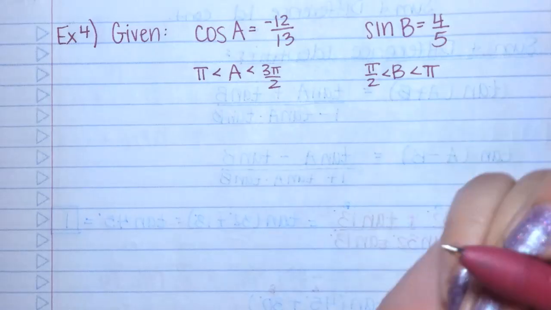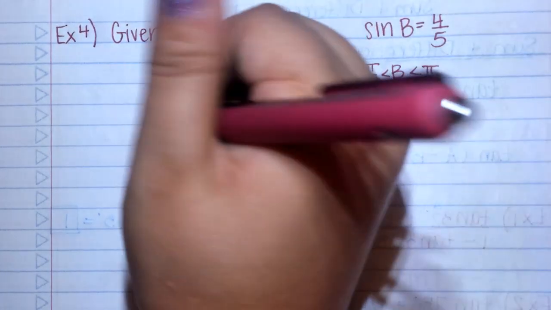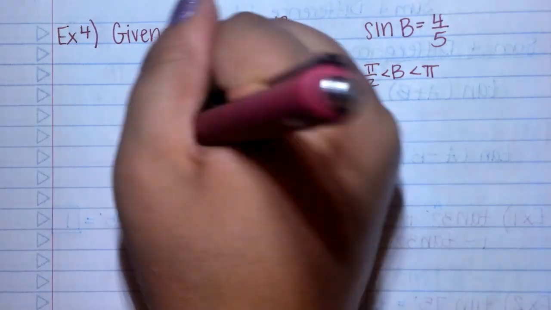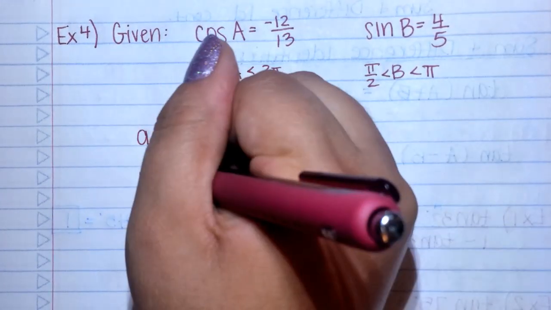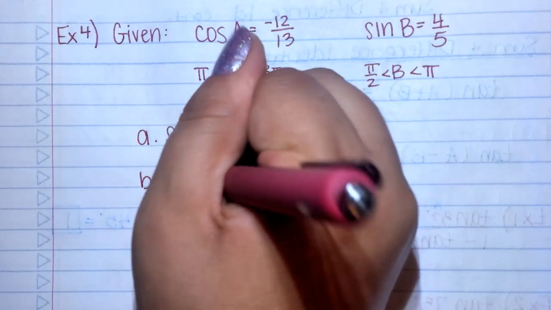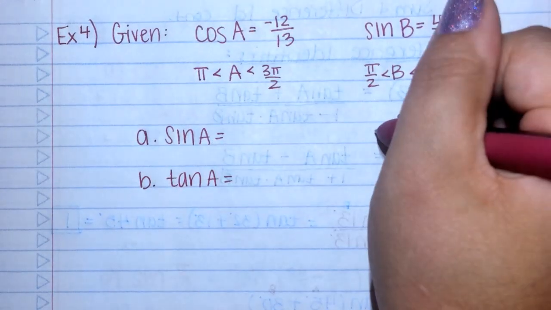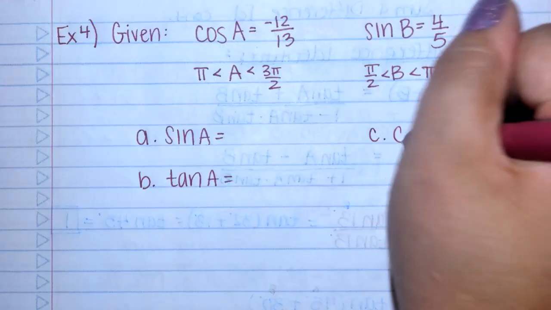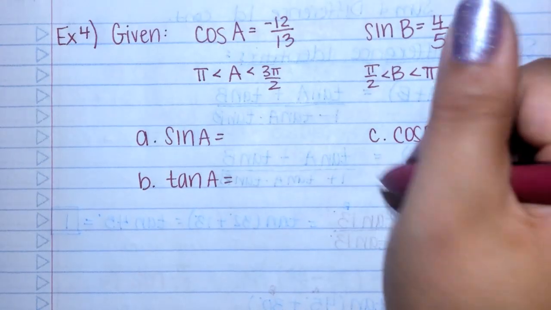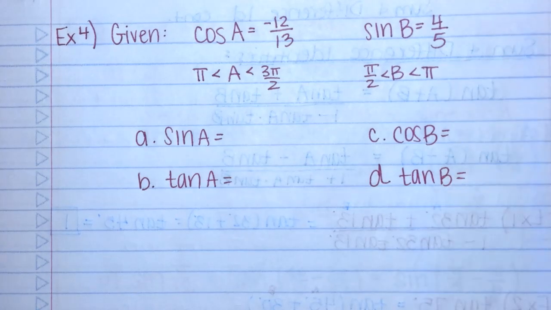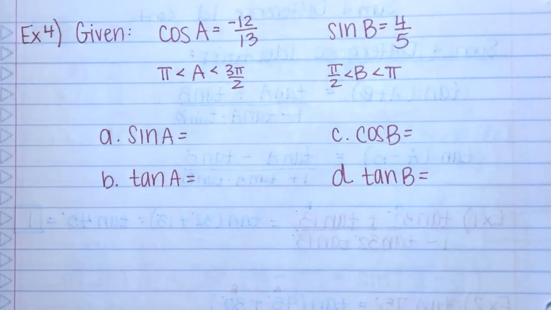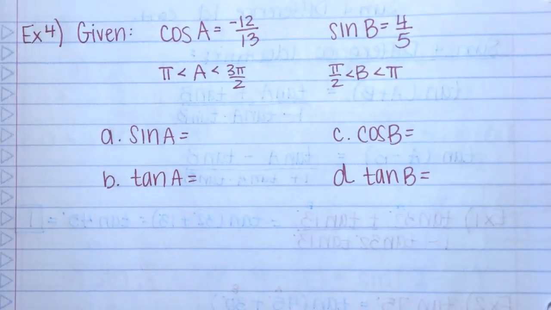I want to know what is the sine of A equal. I want to know what is the tangent of A equal. And I also want to know what the cosine of B is and the tangent of B. This was like a question you had on your first test. Please answer the 4 questions.